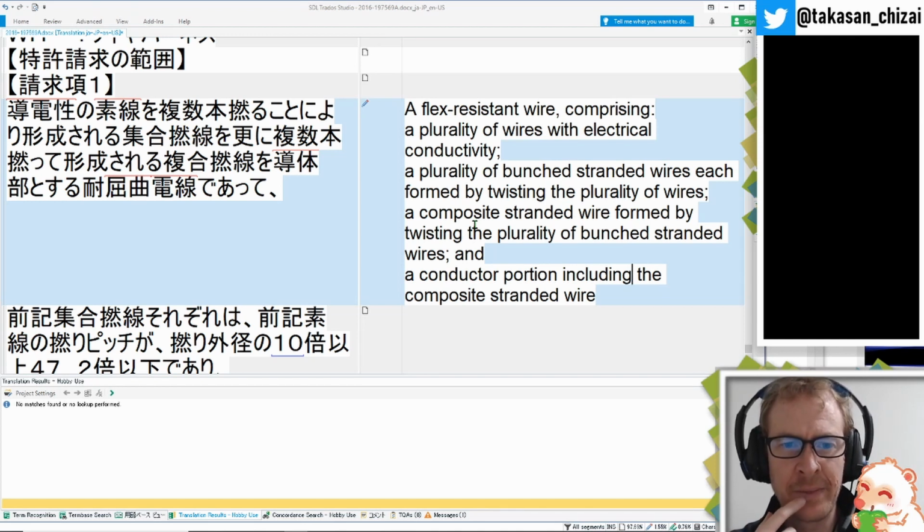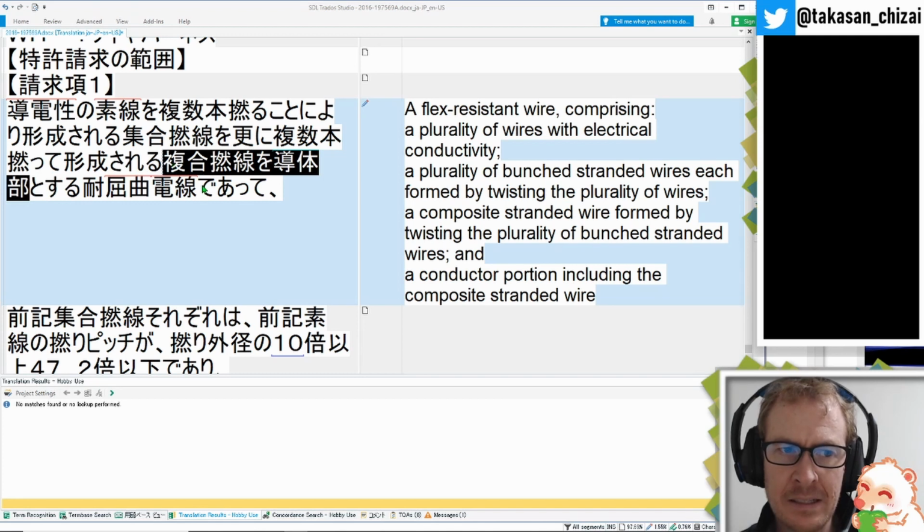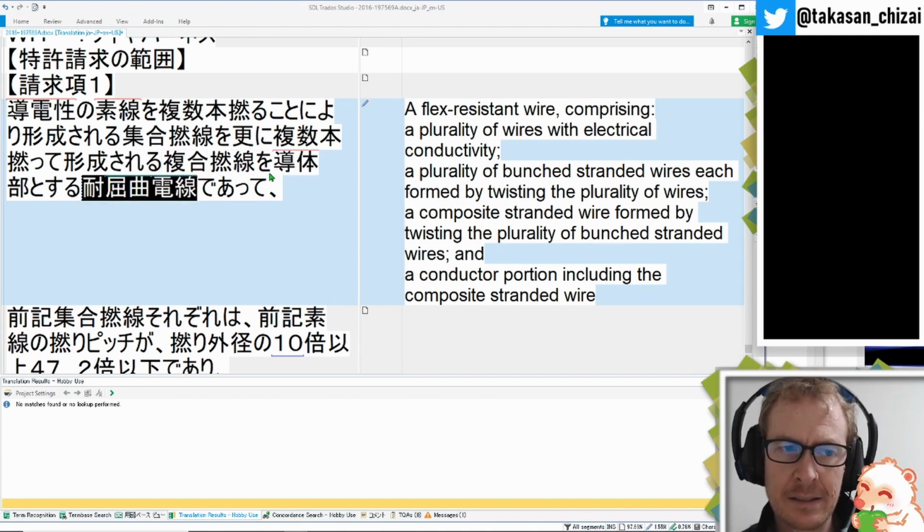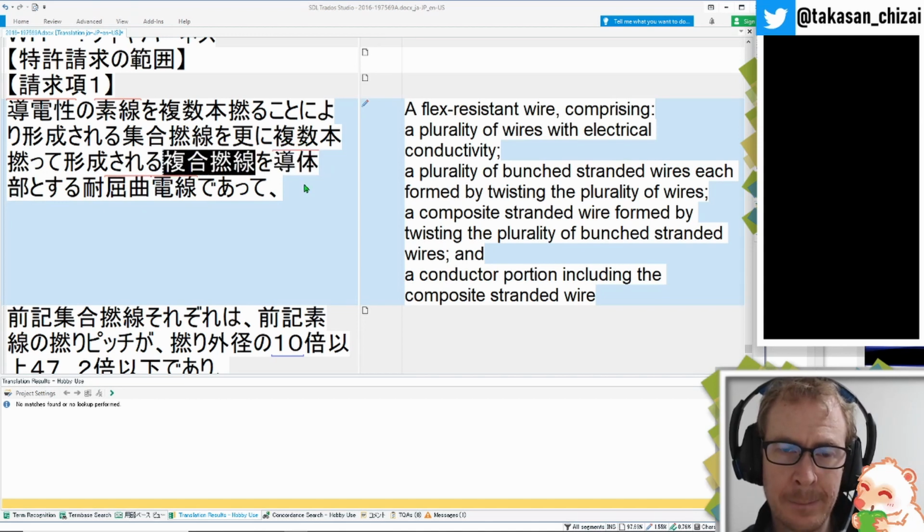So following on from that, the parts that kind of fill up those gaps probably aren't electricity conducting parts. So it probably is a one-to-one. So in this invention, this wire includes a conducting portion, and the conducting portion is this wire.